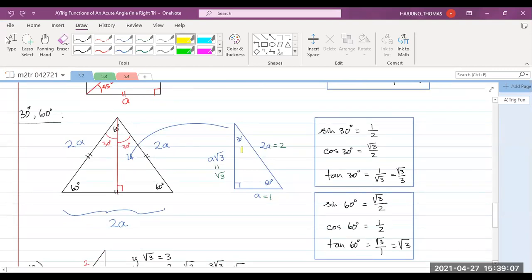Opposite of 30 degrees is the shortest. From here to the other leg, multiply by radical 3. From here to the hypotenuse, multiply by 2. So once you know how to go from the shortest one, multiply by radical 3 for the other leg, multiply by 2 for the hypotenuse, then we can go backward later on.